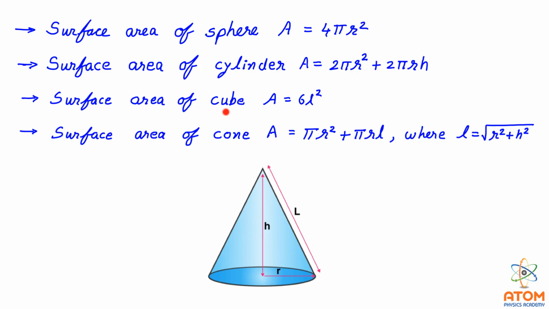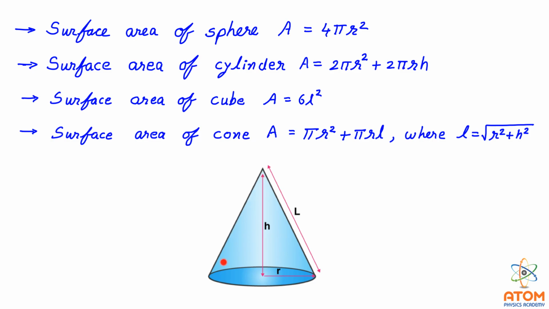Surface area of cube. Cube has 6 square sides. So the area will be obviously 6L square. Then surface area of cone. Now cone has one base, that is a circular base, and so the area will be pi r square.